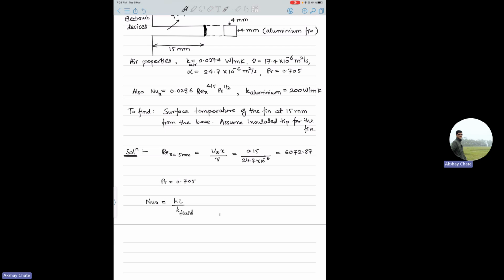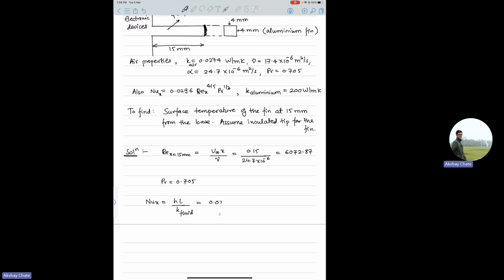Now here people will get confused. Sometimes in fins you use K of fin, but in calculation of the heat transfer coefficient you must use K of fluid. Otherwise you will make a mistake.